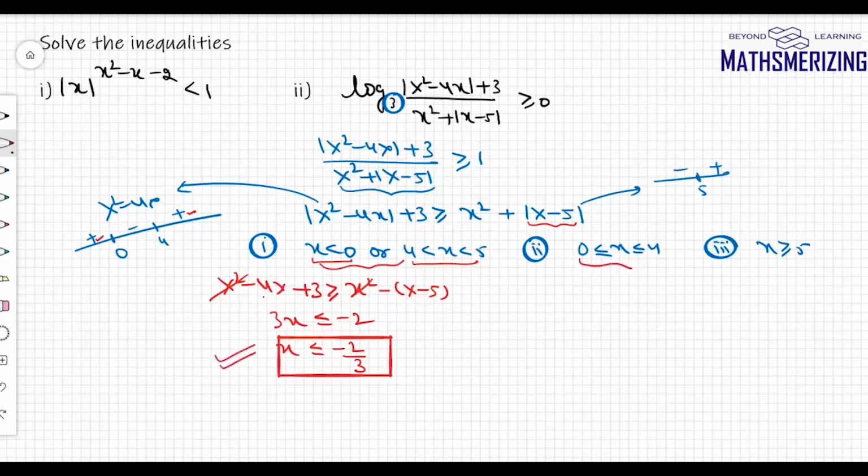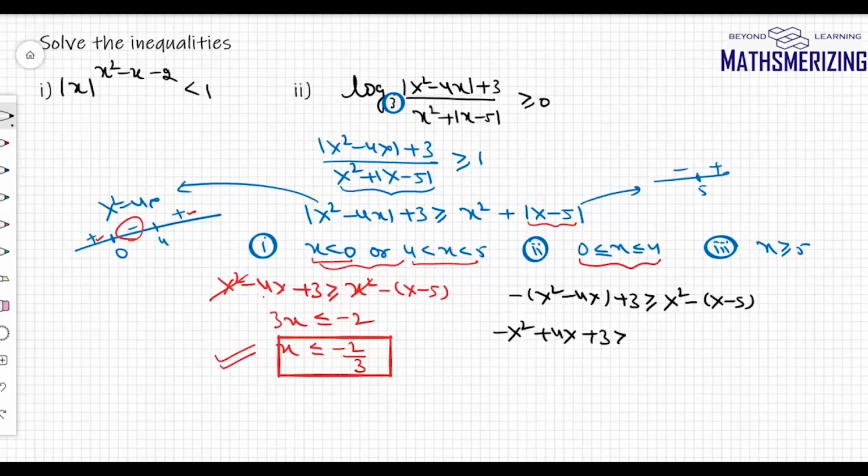Now when x lies between 0 and 4, first expression is negative. So I'll get minus x square minus 4x plus 3, and this is greater than x square, and here again it will be negative. So minus x minus 5. So I'll get minus x square plus 4x plus 3 is greater than x square minus x plus 5.